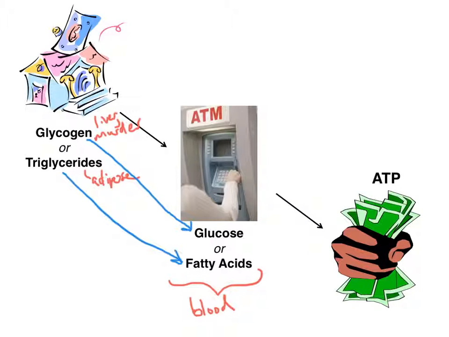And then actually in your cells, that is where you get glucose and fatty acids being broken down in order to generate this energy currency. So the glucose and the fatty acids circulate. They're a bit more accessible. That's why I think they're kind of like ATMs. But you can't turn an ATM over to the checker at a grocery store, so you still have to take those glucose and fatty acids and convert them to the cash on hand, the ATP.